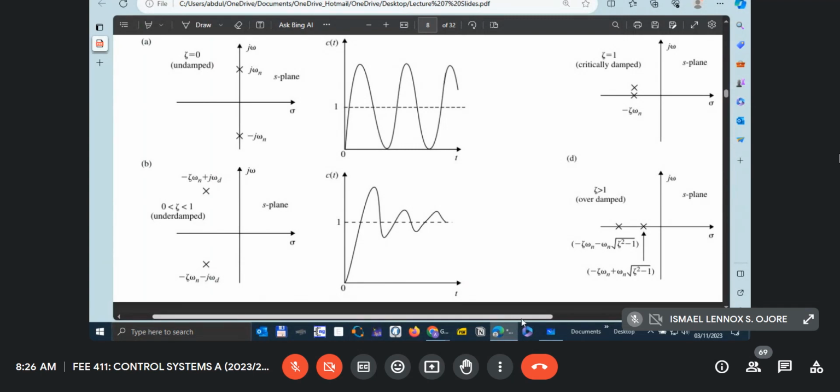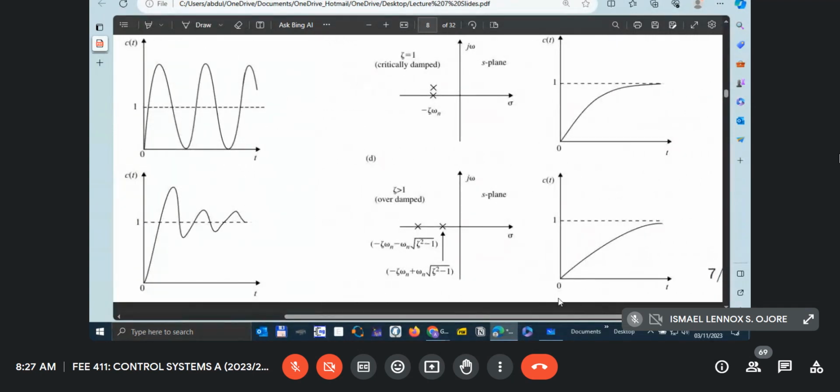You can see the difference between critically damped and overdamped is that overdamped actually takes longer to reach the final value, or to move towards the input, our desired output, right? So here you can see it takes longer to reach than the critically damped.